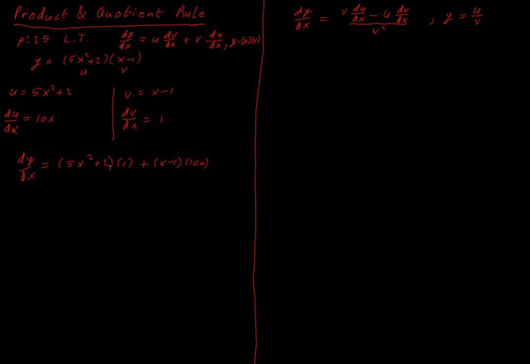And I multiply that out now. All the differentiation is done. This is just simplifying terms now. So I have 10x squared plus 2 plus 10x squared minus 10x, and I am left with my like terms, and write everything in order, x squared and then x and then constant, 15x squared minus 10x plus 2.